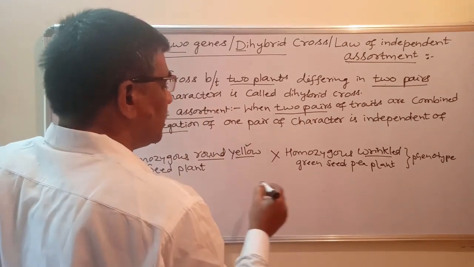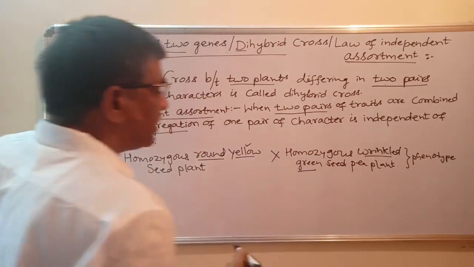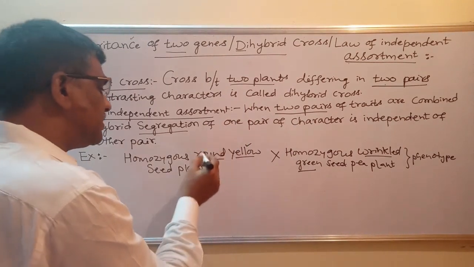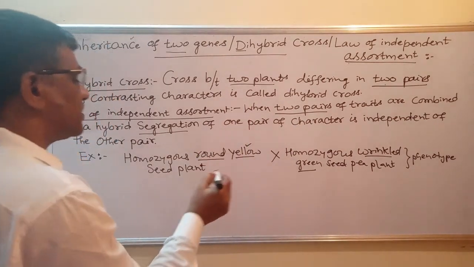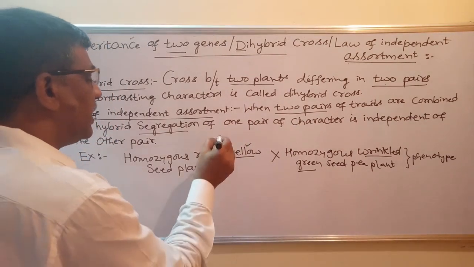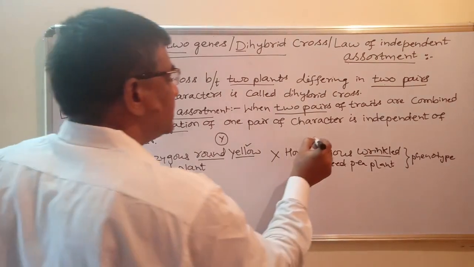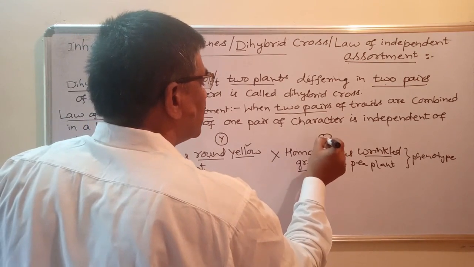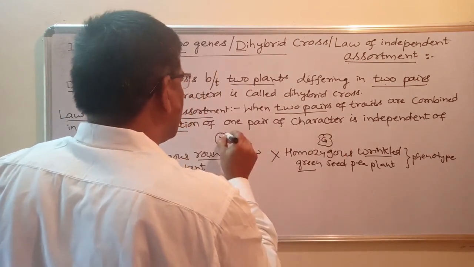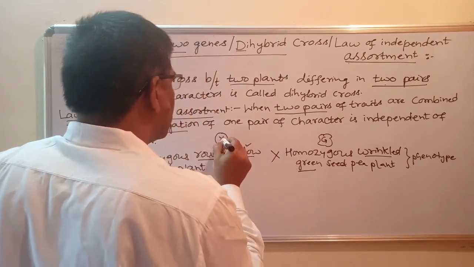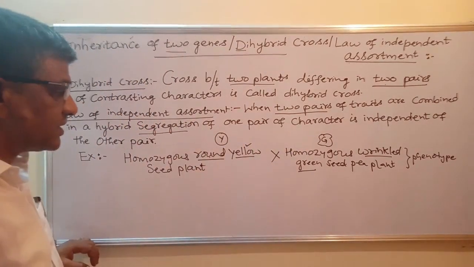Yellow color of the seed is dominant over the green color. So he considered two characteristics simultaneously: the shape of the seed, where this is a round seed with yellow color and this is a wrinkled seed with green color, and the color of the seed.